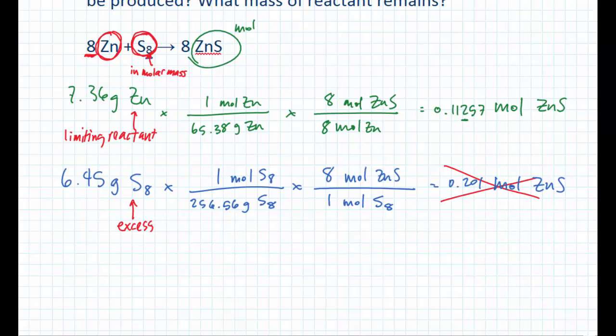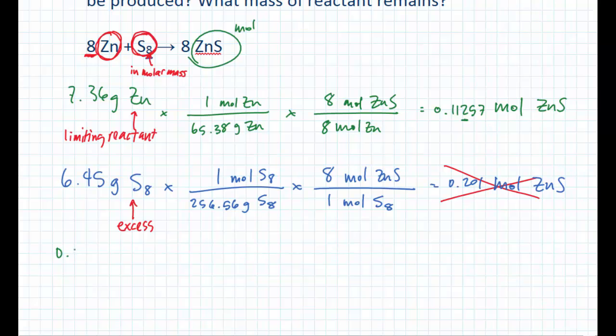All right. So what do we have to do to answer our first question? How many grams of zinc sulfide can be produced? Put it into grams, right? We calculated how many moles.